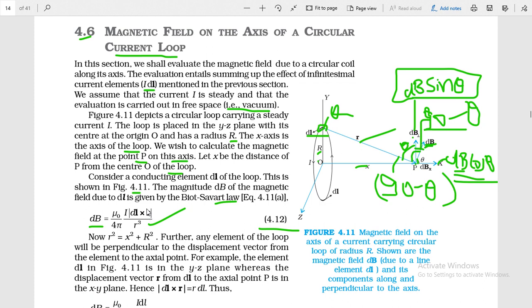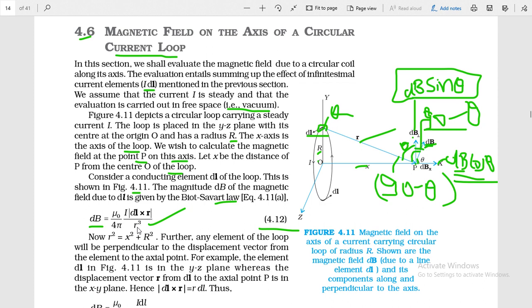This is the magnitude of dl cross r, so if you break this part, you get magnitude of dl, magnitude of r, into sin theta, and there is no n cap because the magnitude of n cap is 1, since it is a unit vector. It cancels one of the r from r cube. So you can write mu naught upon 4 pi, I dl sin theta by r square.